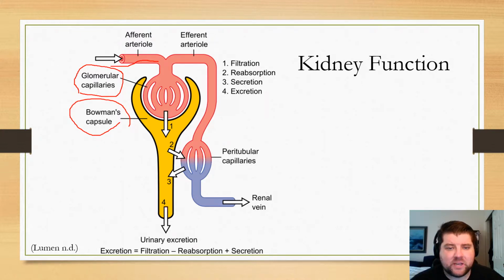And then the blood comes out to the renal vein after having been filtered of poisonous compounds like urea. And it gets filtered out into excretion. So filtration minus reabsorption plus secretion is excretion. So we can see there's a lot of arithmetic involved with how the kidneys are working.